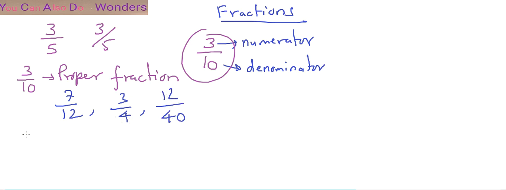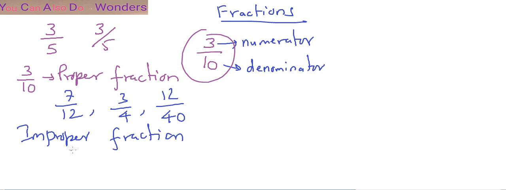So also there is something called an improper fraction. An improper fraction is a fraction in which the denominator is not greater than the numerator.